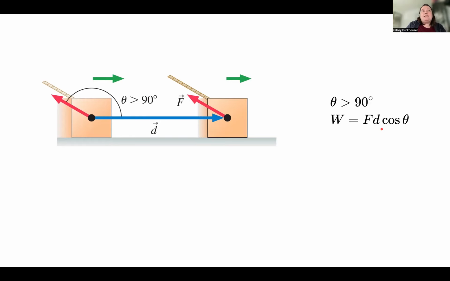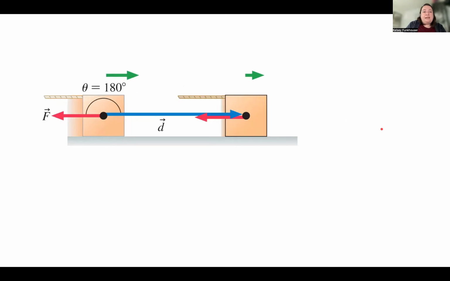So the work done is negative. And then finally, in this example, the force is anti-parallel to the displacement. The force is to the left and the motion is to the right, making the angle between them 180 degrees. Cosine of 180 degrees is -1, so the work done is negative.